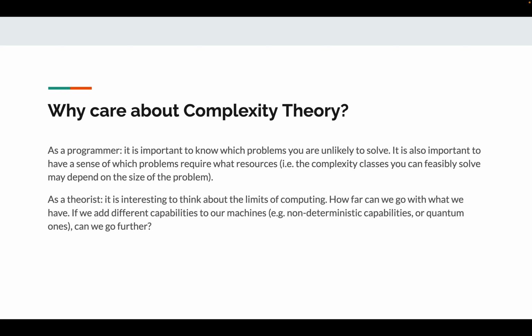And that's hard to figure out by guess and check, but with math, we can determine that there are problems that you can't solve or are unlikely to solve given some conjectures. As a theorist, complexity theory is also very interesting because it allows you to outline the limits of computing. It also allows you to theorize about new types of machines and what they might add to the table in terms of what problems you can and can't solve.